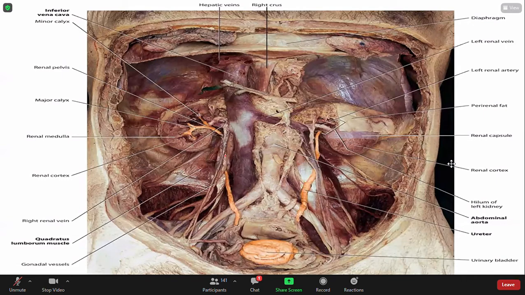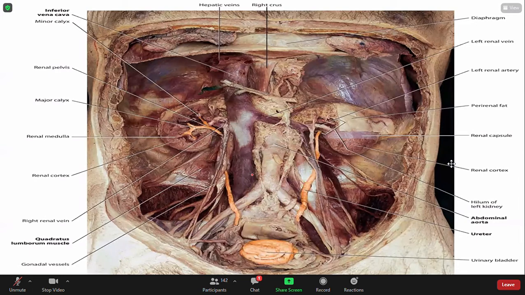So the ureters, always remember that there are 3 normal anatomic and physiologic constrictions of the ureter. It is at the level of the uretero-pelvic junction, which is the renal pelvis, then at the crossing of the iliac vessels. So these are the iliac vessels here, this is the aorta, right? And then the uretero-vesical junction here.